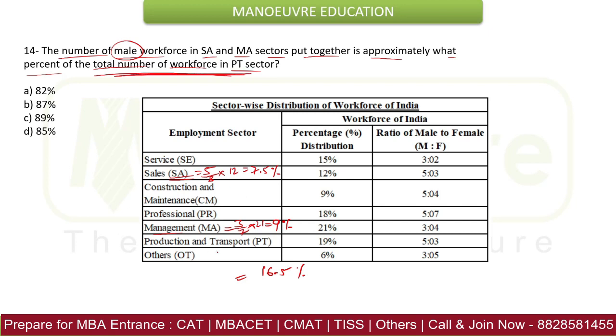Total workforce in PT sector, that is production and transport. In the production and transport sector, the male workforce will be 5 by 8 into 19, so that will be 19%.